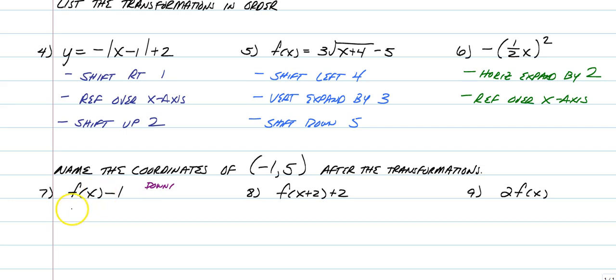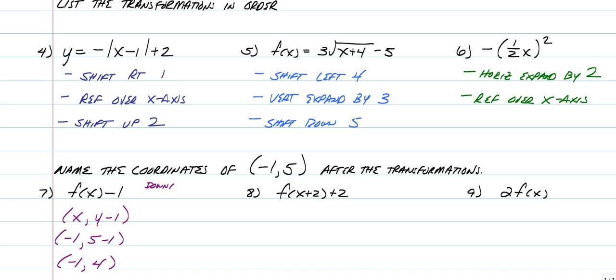So this is going to be x comma y minus 1. So that's -1 comma 5 minus 1. Our coordinate is -1 comma 4. That's how you work with these. You just think about your transformations and then work with it.